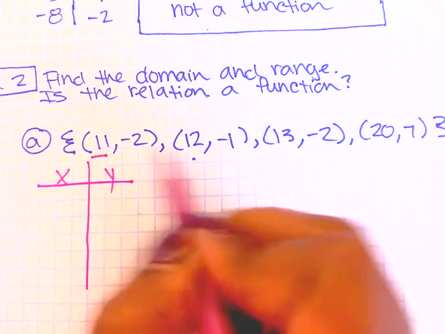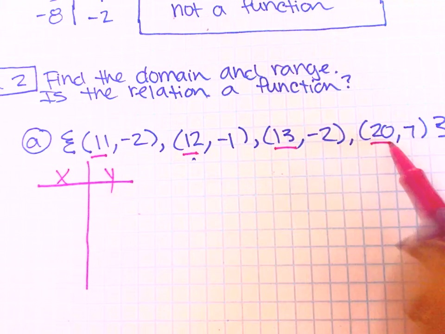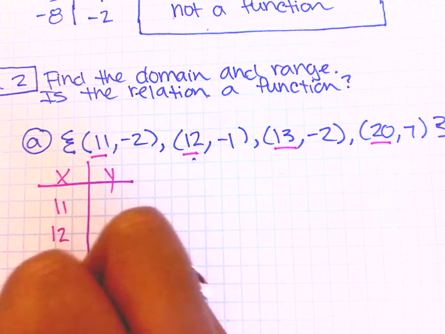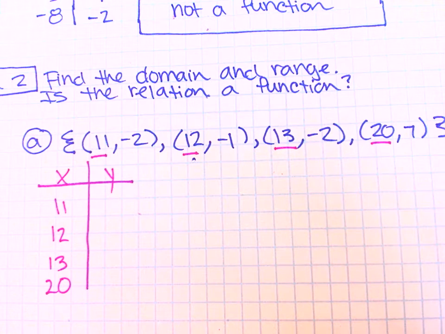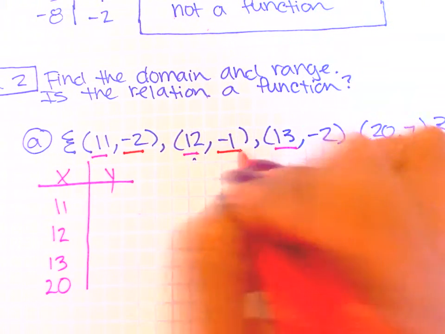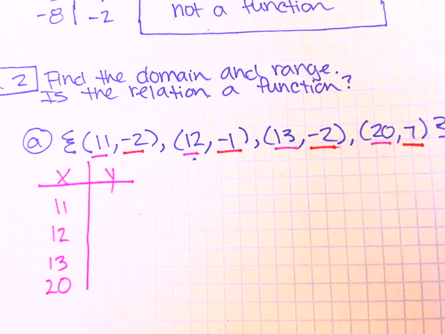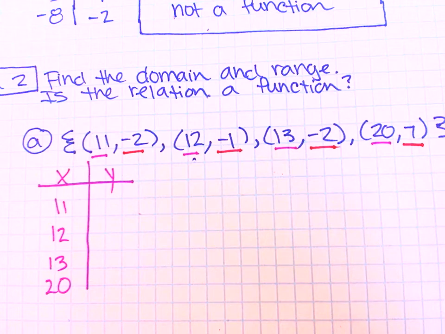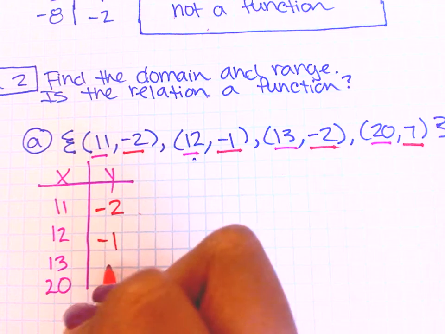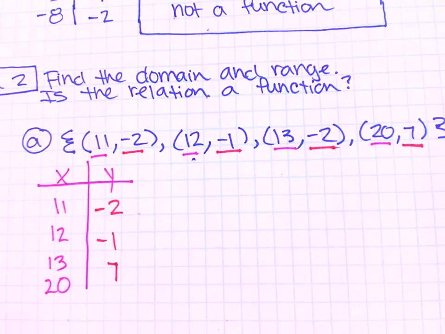So I have 11, 12, 13, and 20. And then in my y's, I have -2, -1, -2, and 7. I need to write -2 twice. So I have -2, -1, and 7.